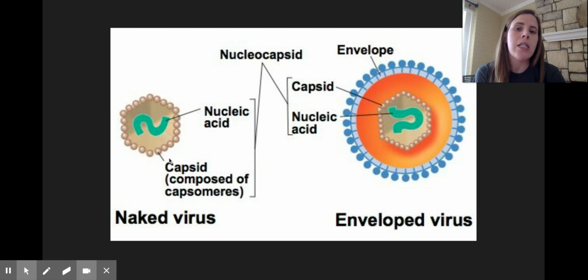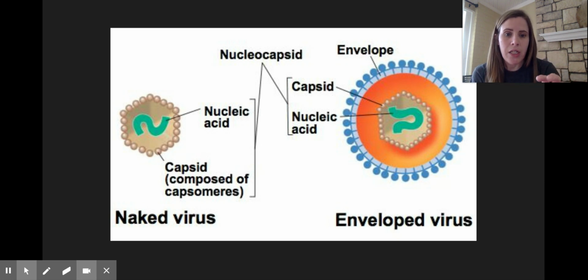And to make a virus, technically, that's all you need is the protein capsid with some nucleic acid inside, DNA, RNA, either one. Some viruses are called enveloped viruses, and they have a little envelope around the outside that's made of a lipid bilayer. And that is the same thing that our cells are surrounded by, a lipid bilayer.